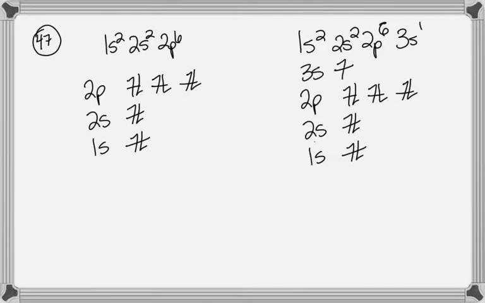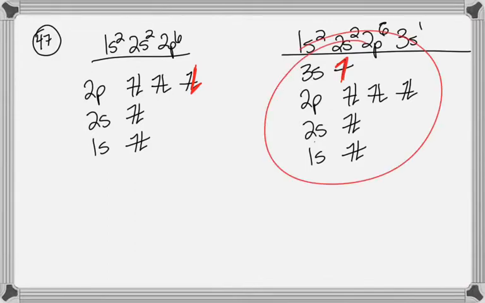Then it says the first ionization energy. That's removal of the outermost electron. For the one on the left, we're talking about taking this electron away. For the one on the right, we're talking about taking this electron away. This one on the right, it's not going to be hard to take that electron away, because it's right there by itself.